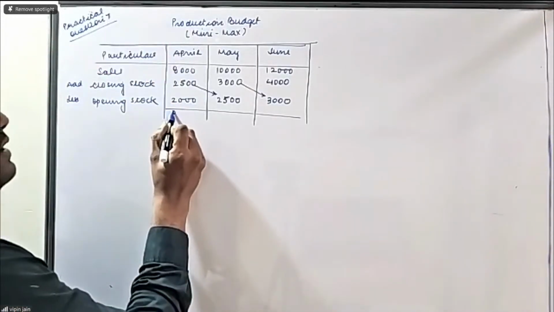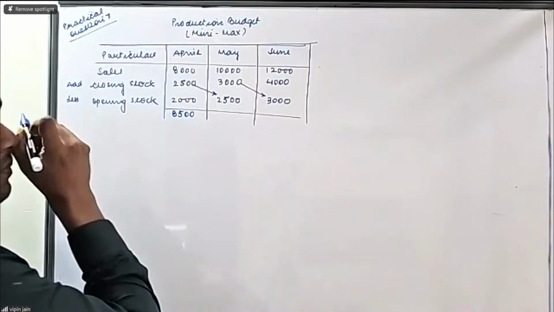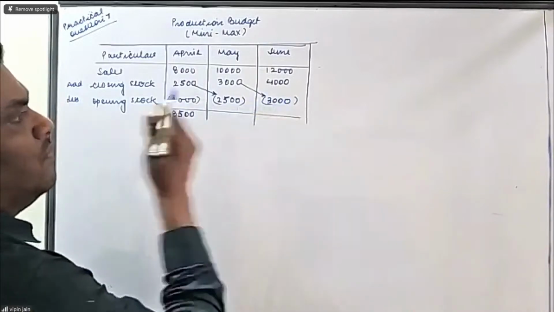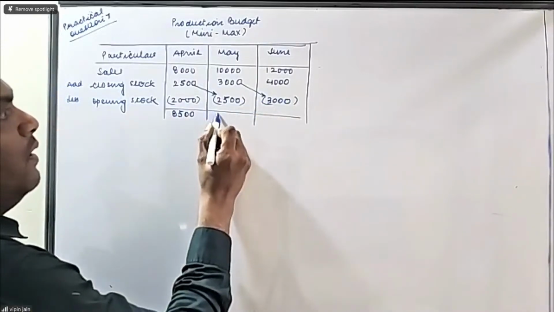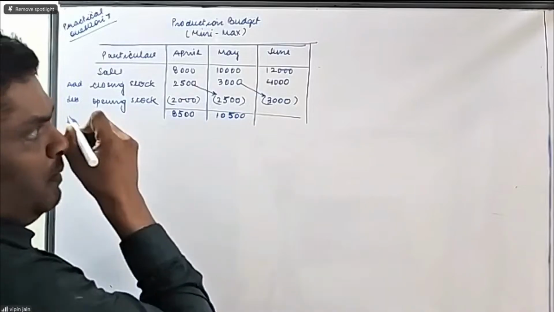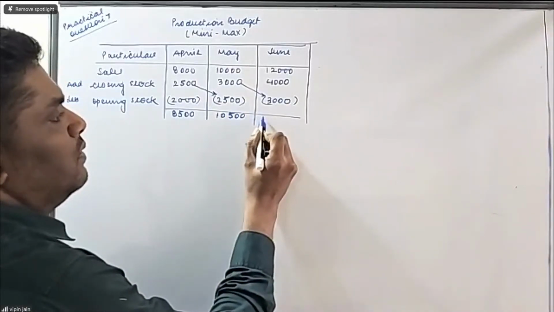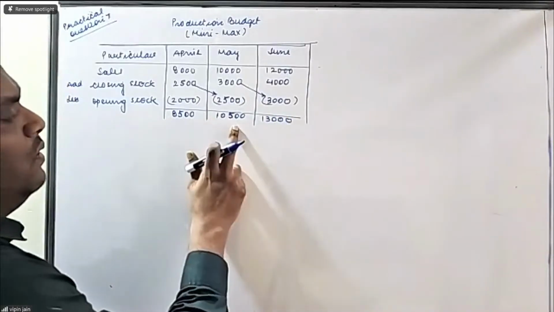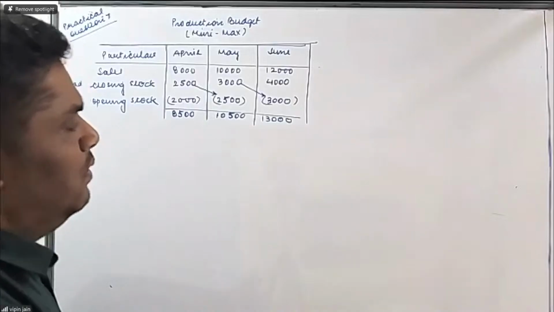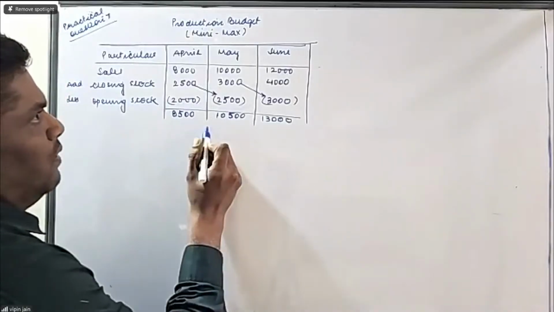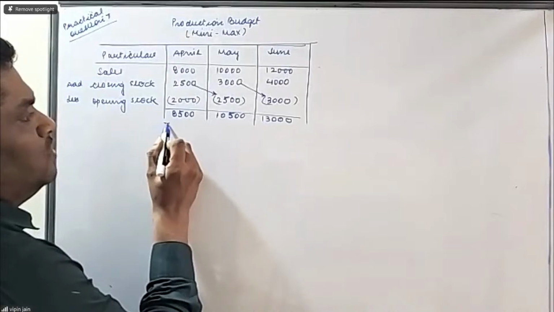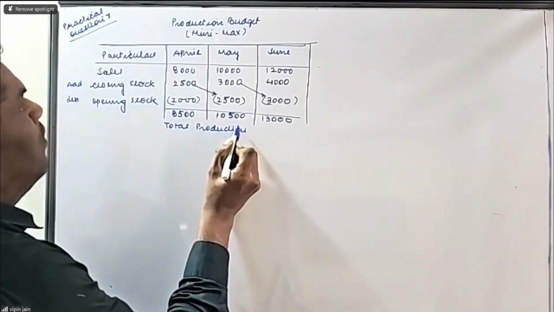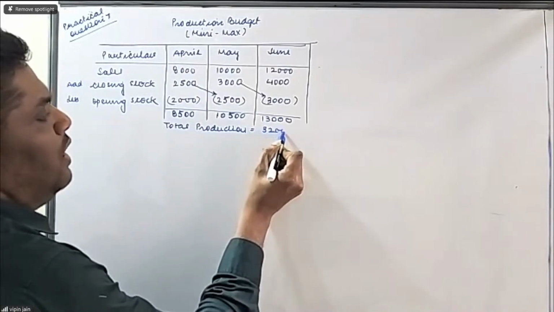If you have any doubts or queries till now, please post them. So this will be 8,500. This will be 10,500. This will be 13,000. So total production will be 32,000 units.